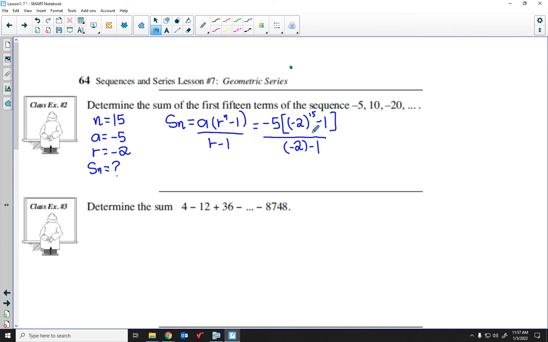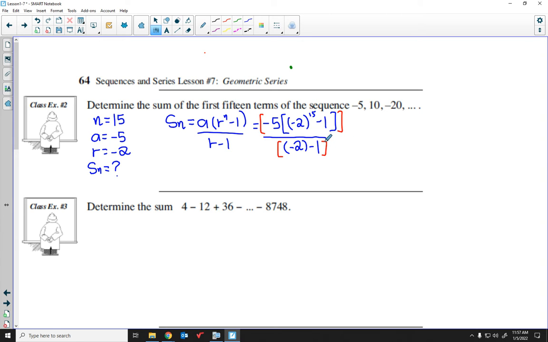Now, you can plug this all into your calculator in one shot. What I'd recommend doing, though, is putting the entire numerator and denominator in brackets. Although if you did want to break this down step by step, you could. But I'll just quickly show you how I would do it. So top in its own set of brackets, and then bottom in its own set of brackets.